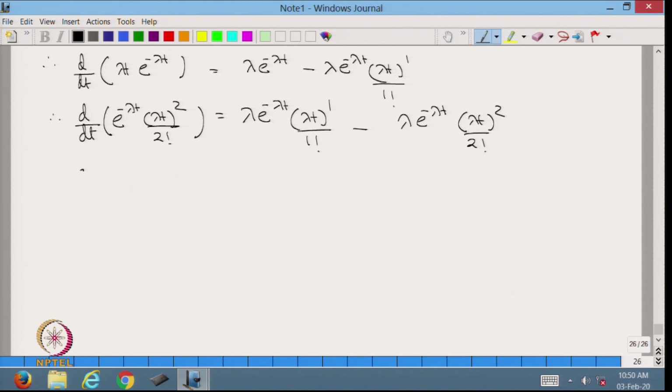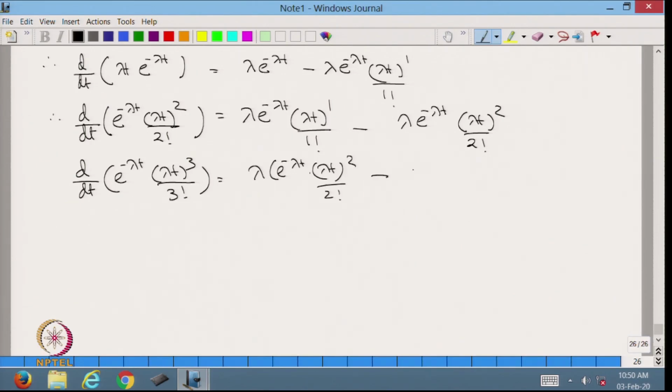In a similar way, d/dt of e^(-λt)(λt)^3/3! is equal to λe^(-λt)(λt)^2/2! minus λe^(-λt)(λt)^3/3!.